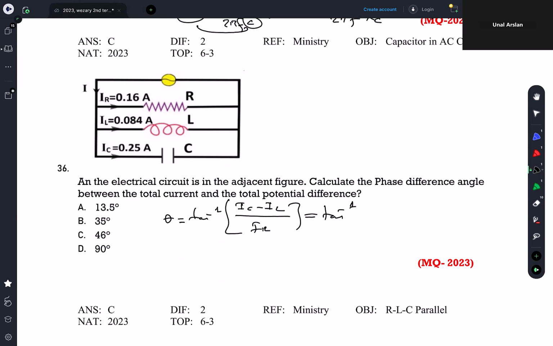Tangent inverse: IC is 0.25, IL is 0.084, divided by IR 0.16. So 0.25 minus 0.085 divided by 0.16, then shift tangent.